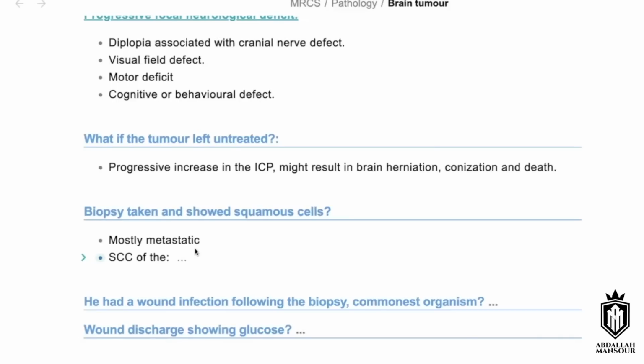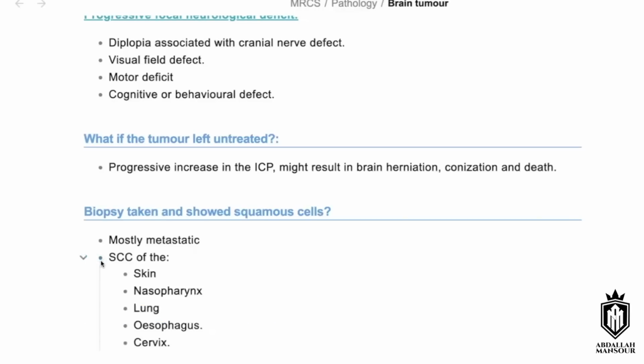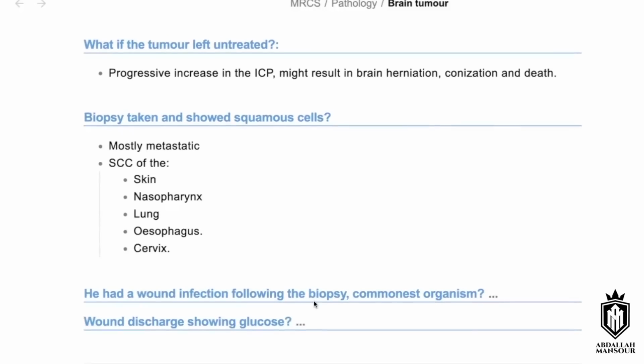What could be the primary? At the beginning of this session, I mentioned where squamous cell carcinoma could come from. Squamous cell carcinoma comes from your skin and orifices, such as the nasopharynx, lung, esophagus, and cervix. This can all lead to squamous cell carcinoma.